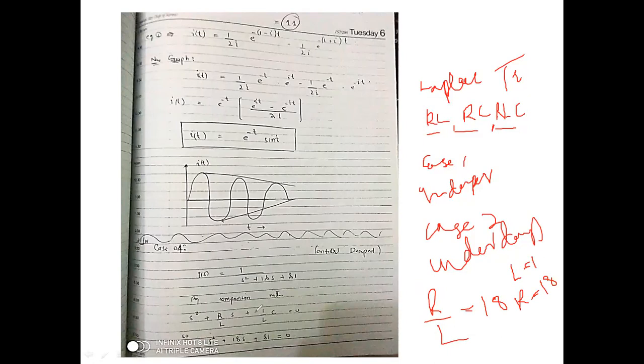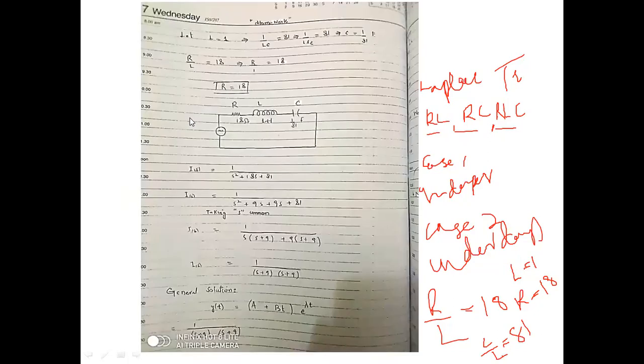Now 1 over LC is 81. This is actually not C by L, but 1 over LC. As we have assumed L is equal to 1, C will be equal to 1 over 81.